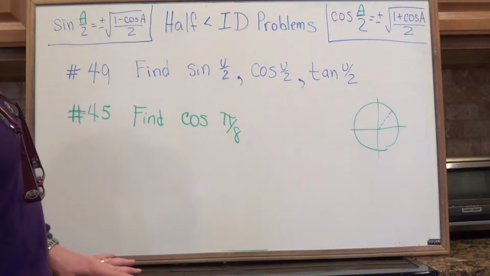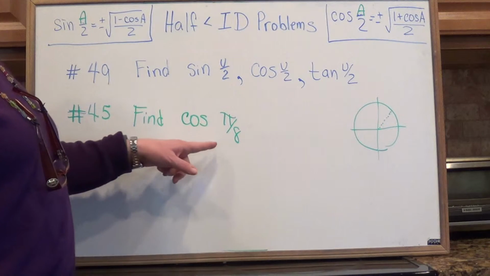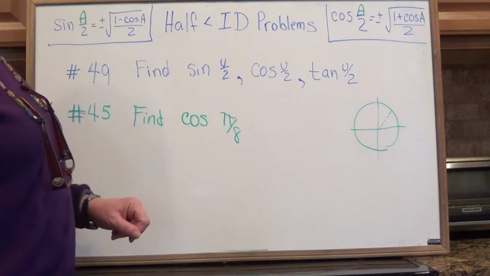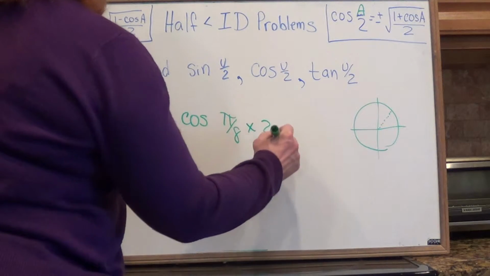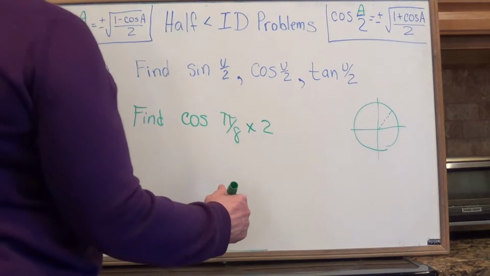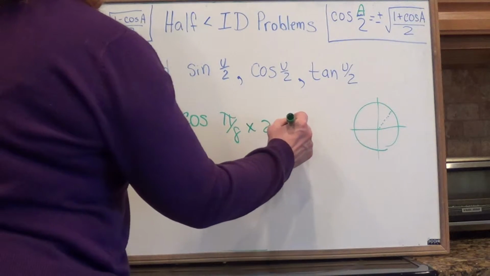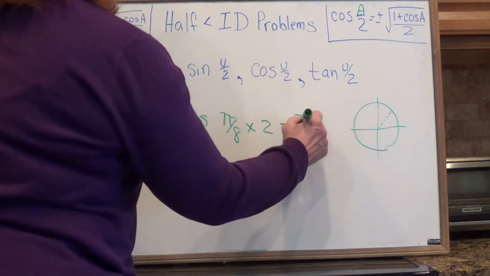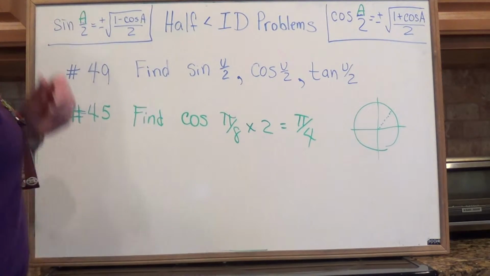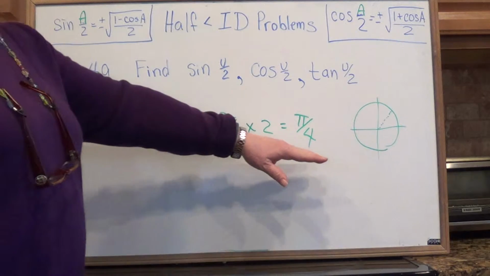But we notice that if we double pi over 8, I get 2 pi over 8, which reduces to pi over 4. And that is on the unit circle.